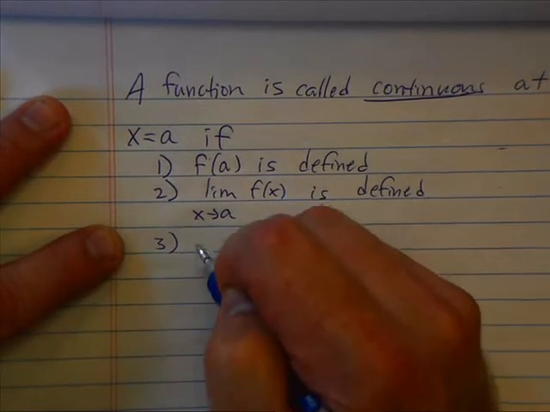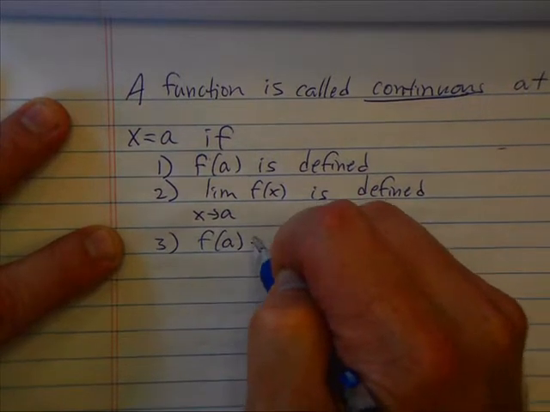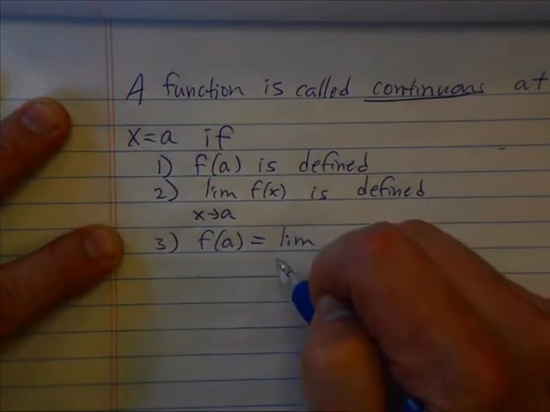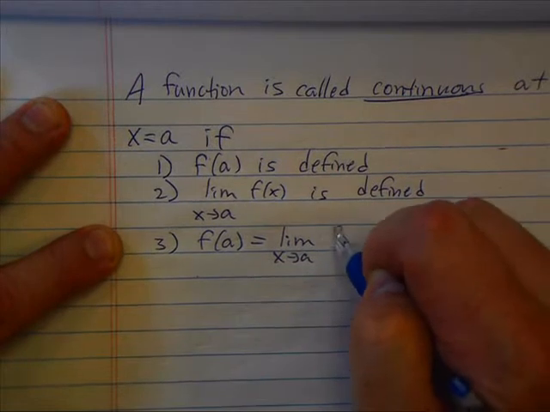And 3, those two things happen to be equal. F of a equals the limit as x goes to a of f of x.